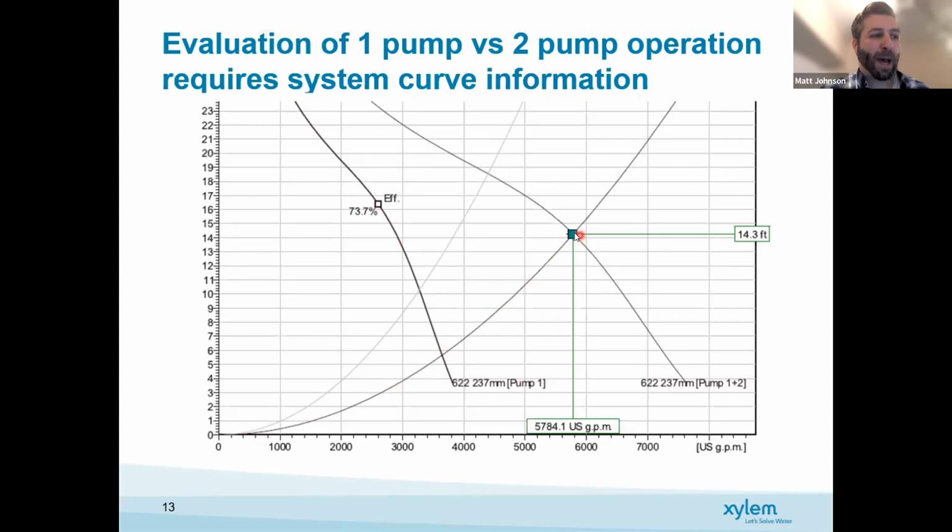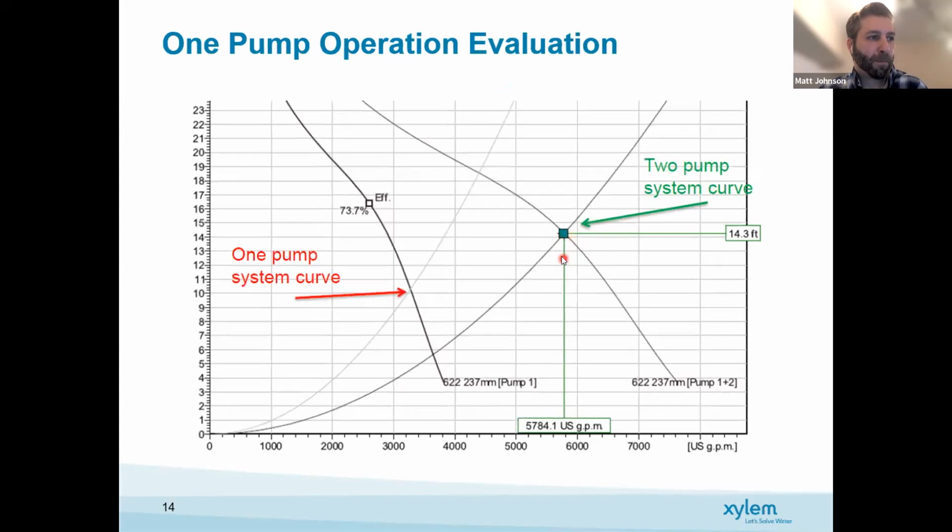Now, if you have the 2 pumps operating together, you have this output here, 5,884 gallons per minute. But each of these pumps operating here is actually a little bit closer to that best efficiency point. So a little bit more efficient with the 2 pumps running. So your 2 pump system point and your 1 pump system curve operating point.